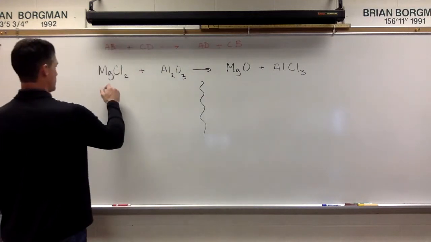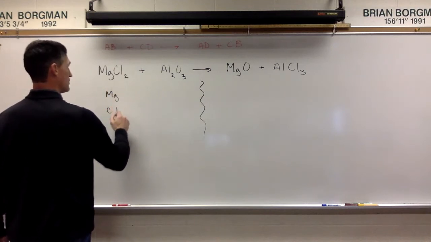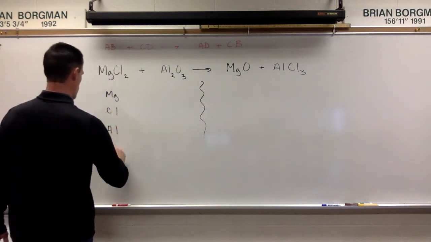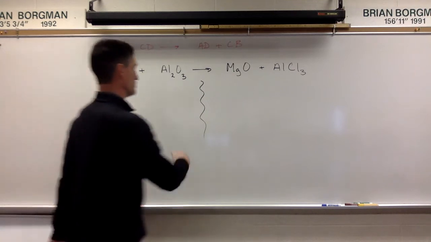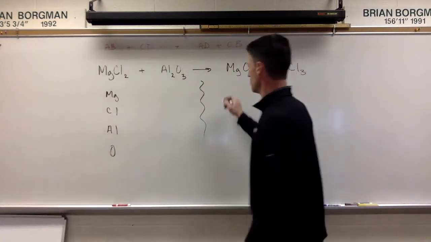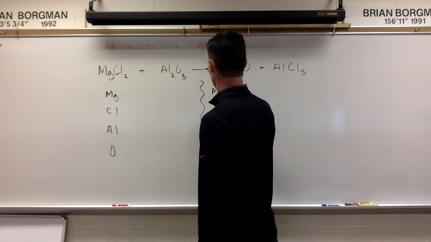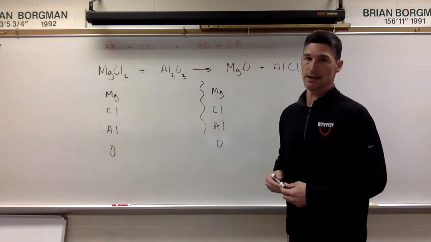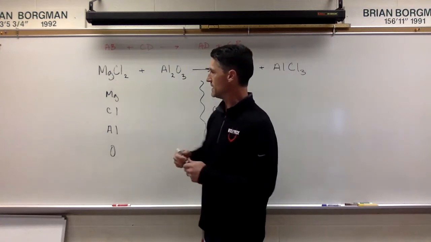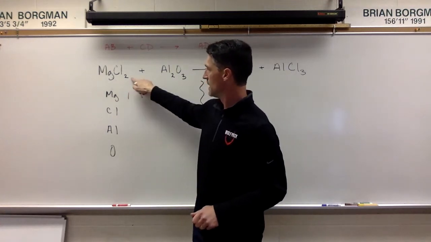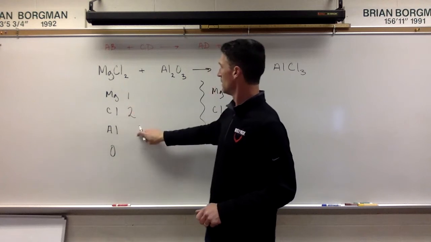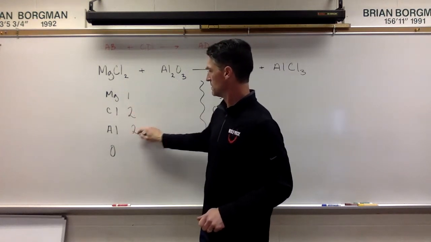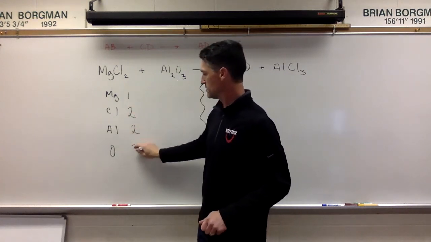So my players are, I've got magnesium, I've got chlorine, I've got aluminum, and I've got oxygen. I'm going to put those in the same order over here. Magnesium, chlorine, aluminum, oxygen. Counting on the left, I've got 1 magnesium, I've got 2 chlorines, I've got 2 aluminums, and I've got 3 oxygens.